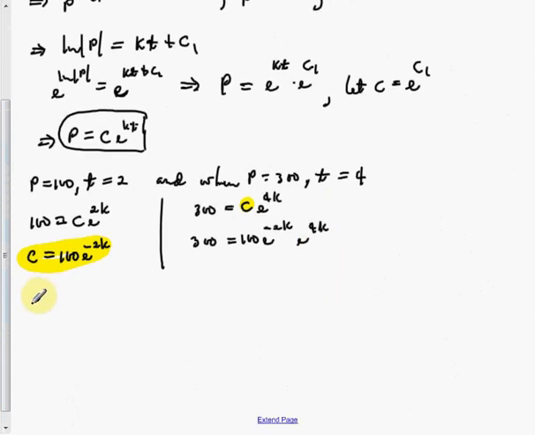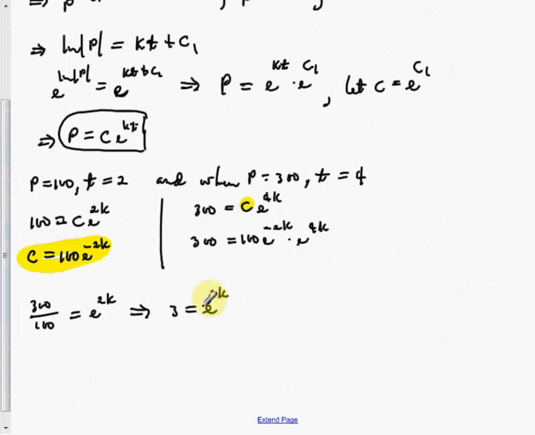So taking that, I have 300 divided by 100 is equal to e to the, multiplying two bases, we're just going to add the exponents, right? So this is e to the 2k. Well, that implies that's just 3 is equal to e to the 2k.